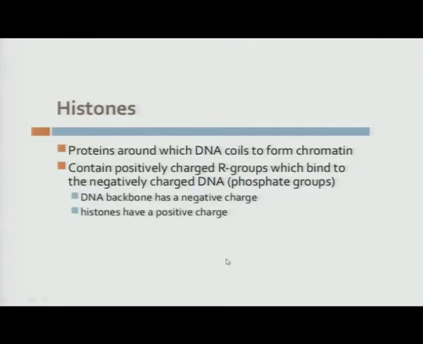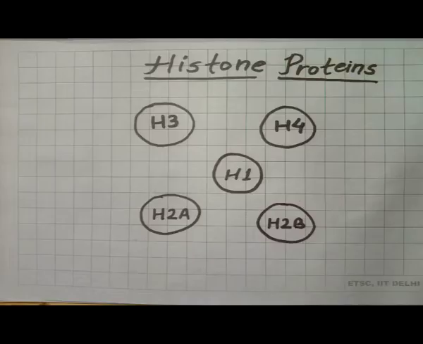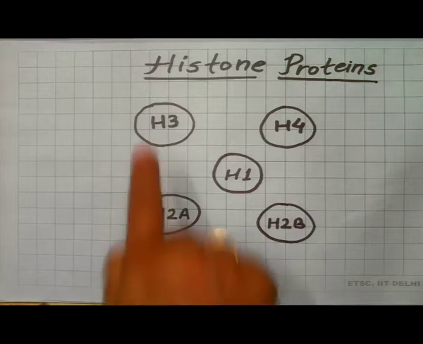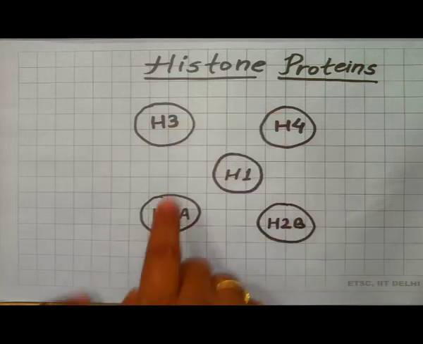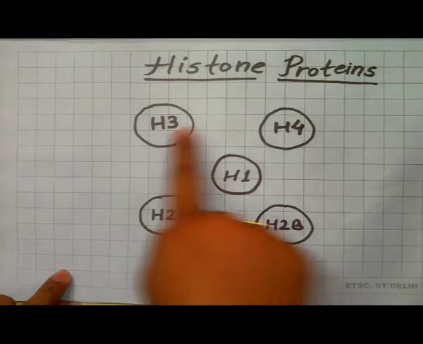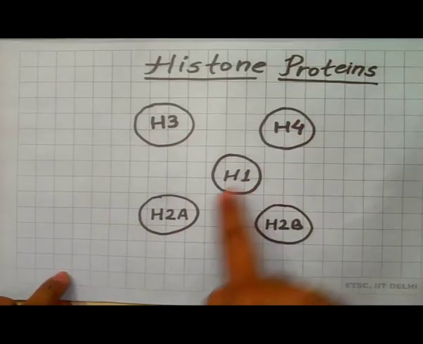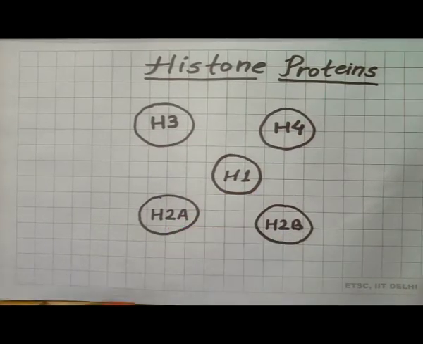Now, the question that comes to our mind is, why is DNA wrapped on histone? Let us see how these proteins help the DNA reduce its size. These are the 5 types of histone protein: H3, H4, H1 and H2A, H2B.